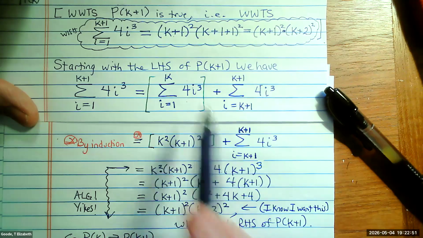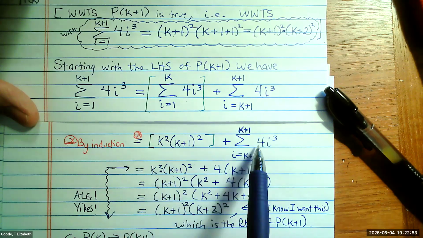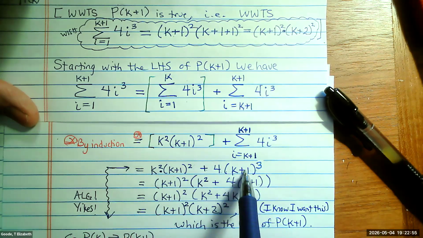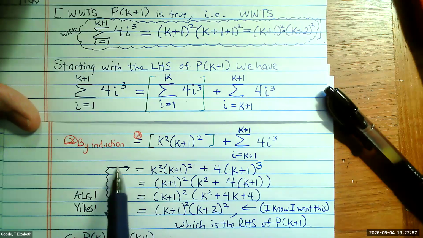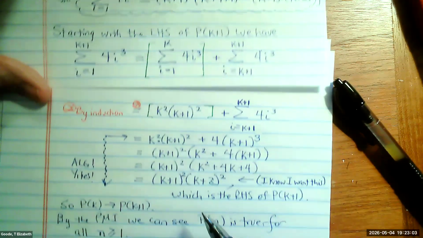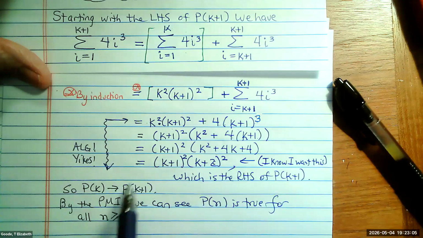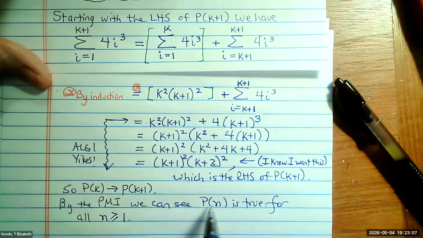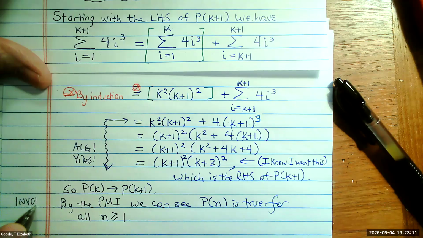So you should be able to make your inductive substitution and evaluate that k plus first term, even if you can't do the algebra to get the right-hand side. You're going to get most of your points, and you still can write, hey, by the PMI, we can see P of n is true. So always get your point for invoking the PMI, even if you couldn't perfectly do the algebra.